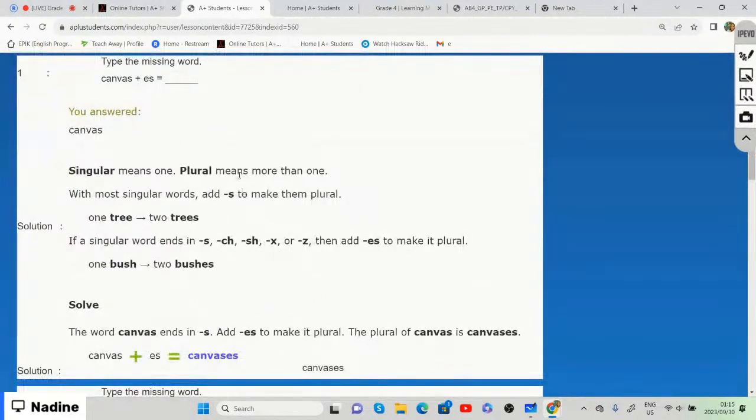And we said singular means one, plural means more than one. And with most of our singular words, we just add s to make them plural, and if a singular word ends in s, ch, sh, x, or z, then we add an es to make it plural.